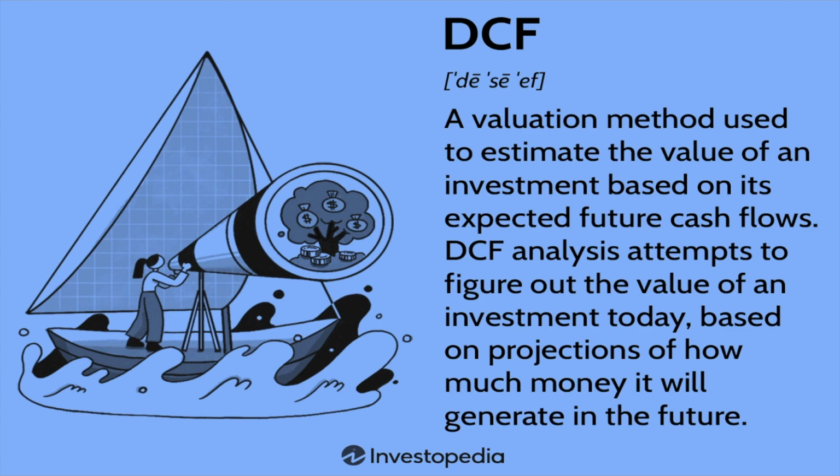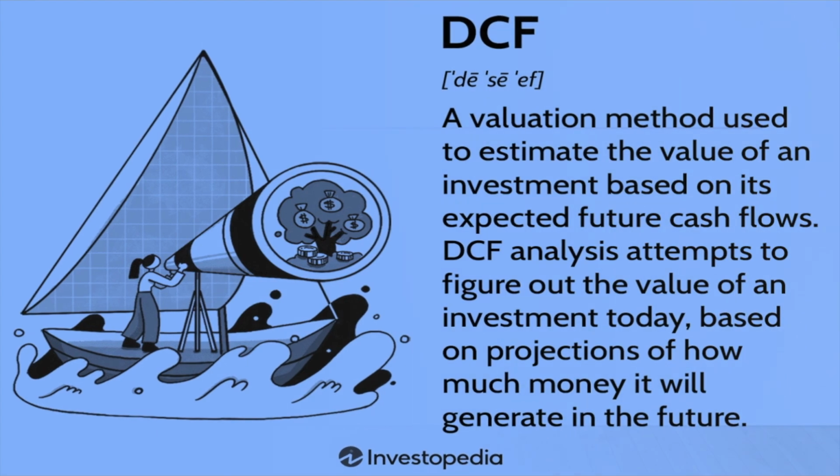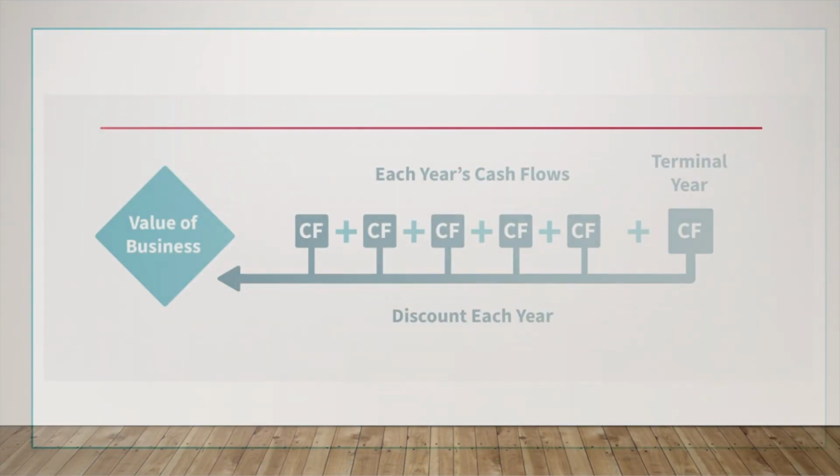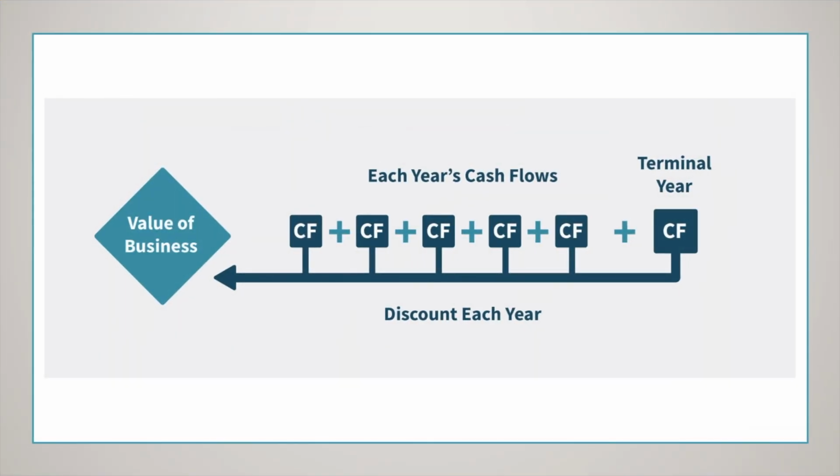It doesn't make sense, does it? Okay, let me describe it in a broader way. Here you can see there are some cash flows. These are the cash flows, and this is the terminal year cash flow.